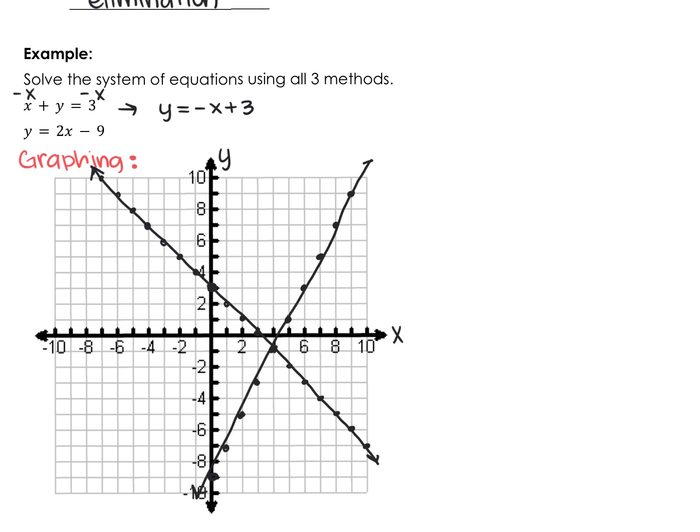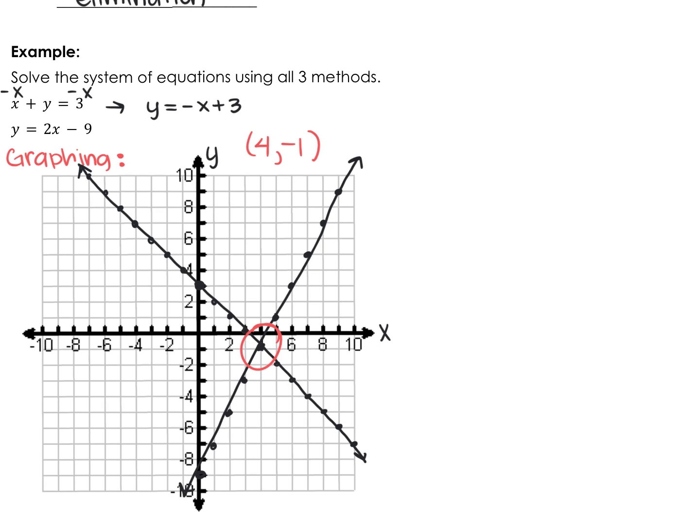So now I'm looking for where they intersect, which is right here. So now I need to figure out, well, what is that point? So if I look at my x-axis, my x value is going to be 4, and my y value is going to be negative 1. So we're going to write our solution as a point.